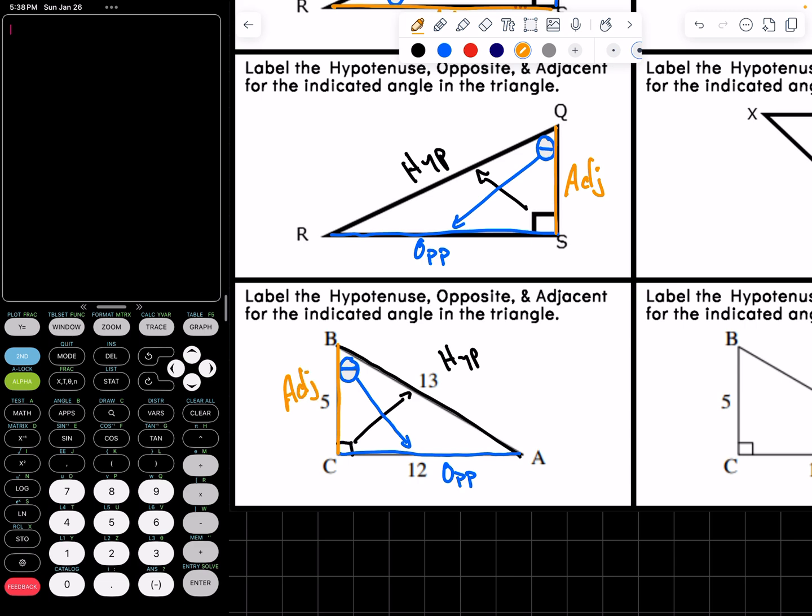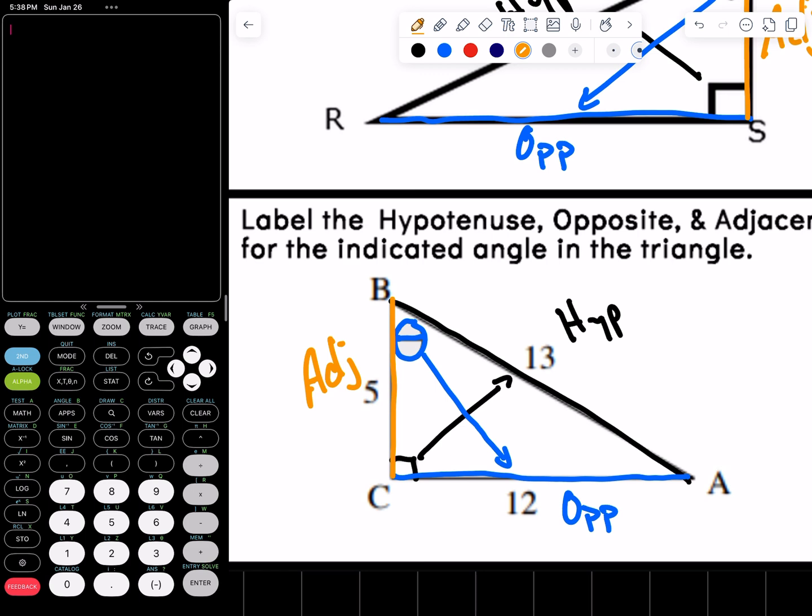One thing to be paying attention to, my angle is at point B, so my adjacent side should include point B in the name, whereas my opposite side will not. So you can see that angle B, that's the one where my angle theta is, so my opposite is side AC, whereas my adjacent includes B at side BC.